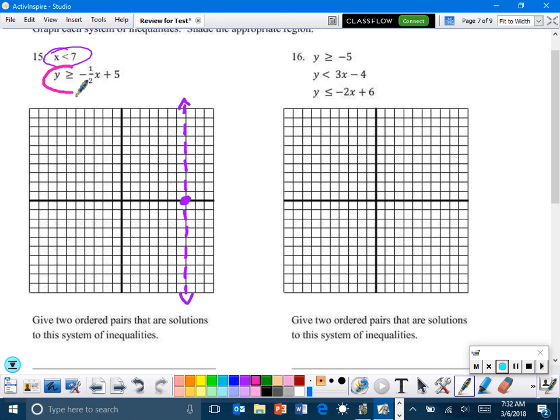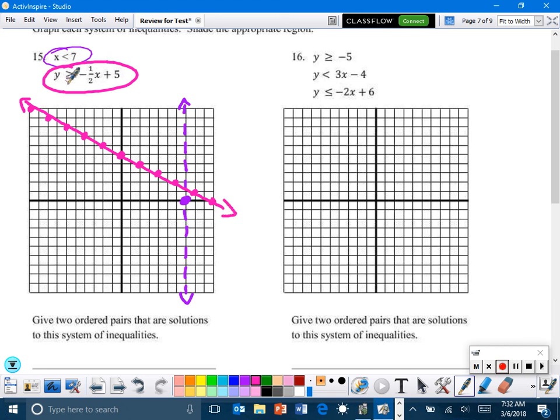Okay, graph the other one. The y-intercept is 5. The slope is down 1 over 2. I am not interested in where they cross each other because I'm interested in where we are shading. Since this one has an equal to on it, it's going to be a solid line. Now remember, these are worth a lot of points on the test.